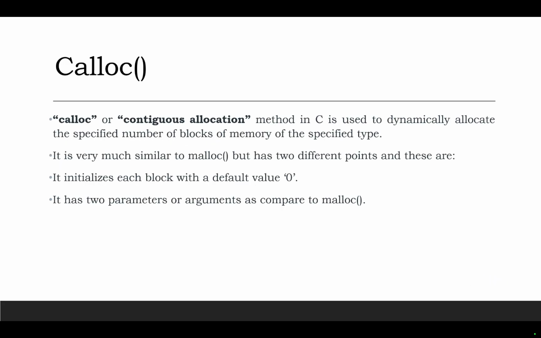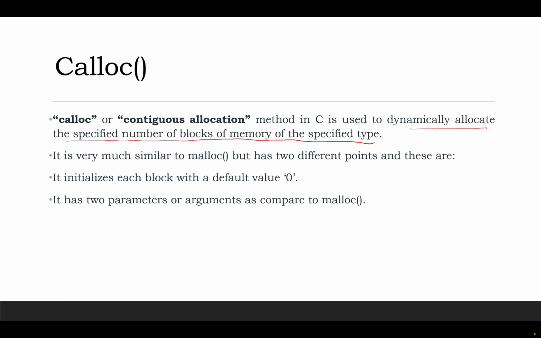The next one, calloc. Calloc means it is a contiguous allocation method. It is used to dynamically allocate the specified number of blocks of memory of the specified type. It is very much similar to malloc, but it has two different points.